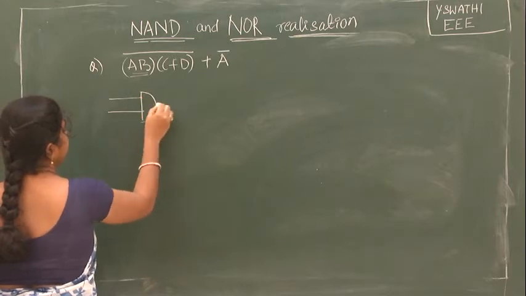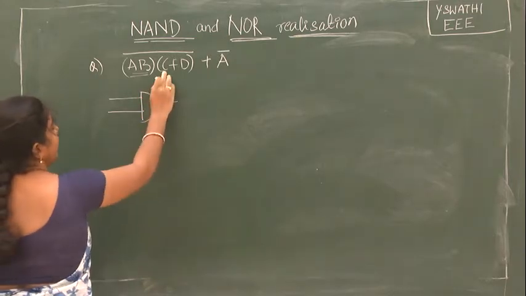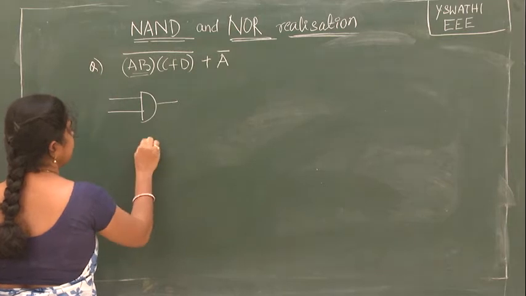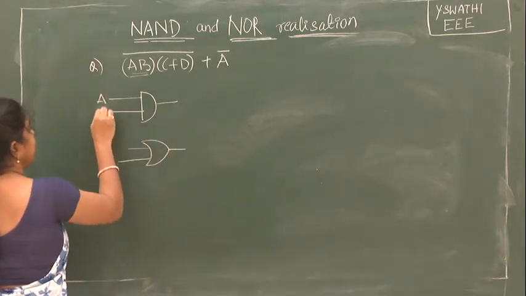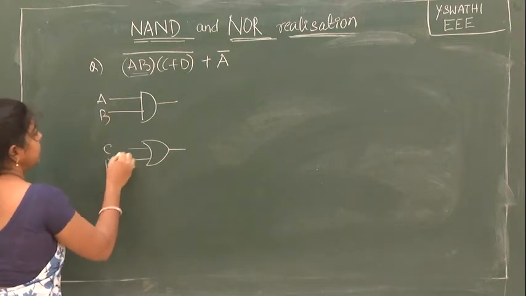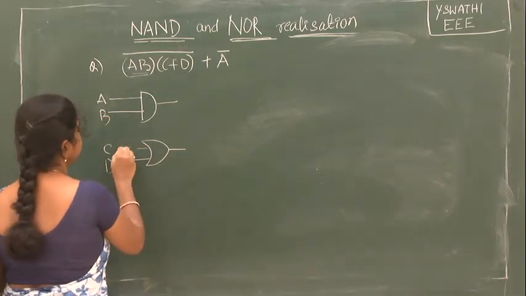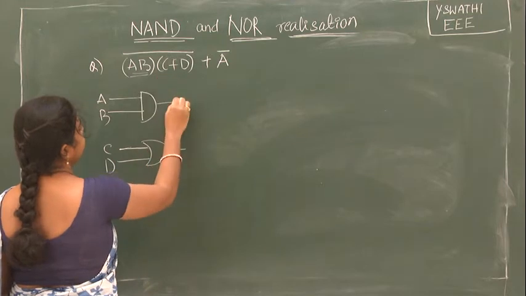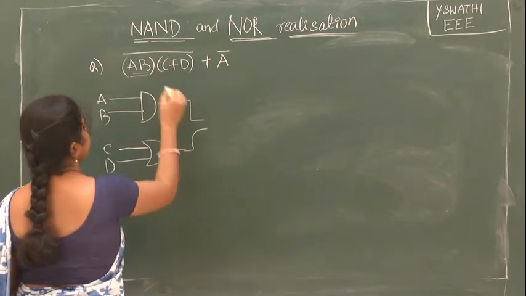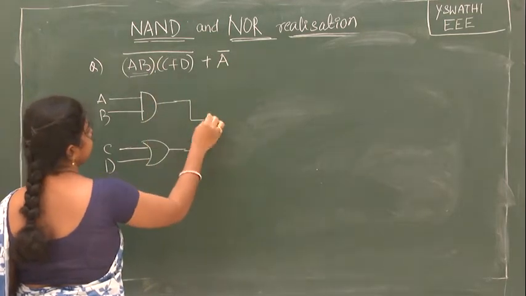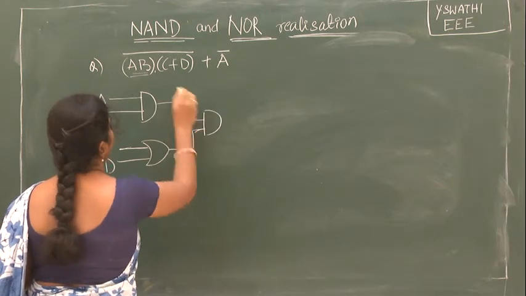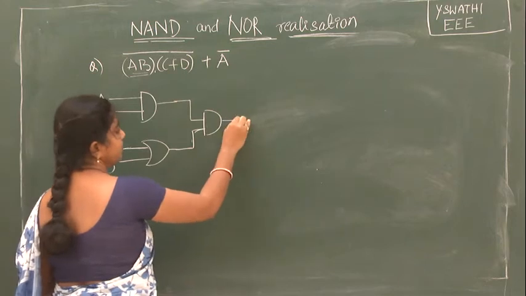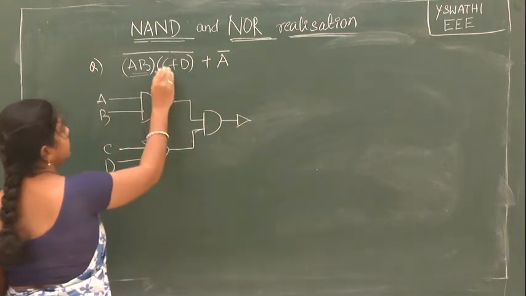So A, B are ANDed. Okay, and C plus D. C plus D means C and D are ORed. A, B are ANDed, C, D are ORed. And then these two terms are ANDed, right? The ANDed term is complemented. The whole term is complemented, right?